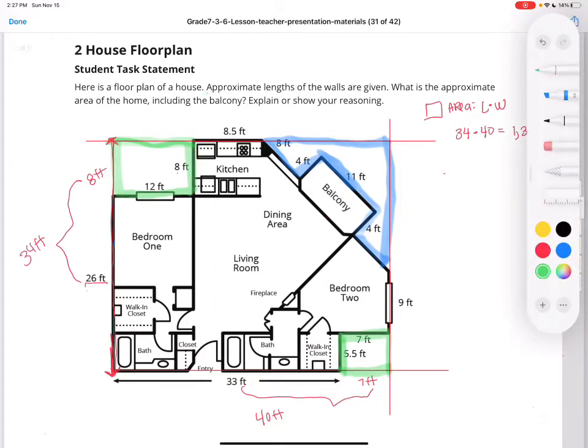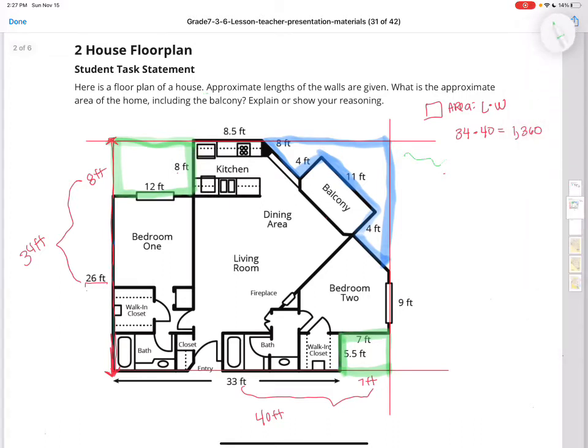So for my miniature rectangles, I'm going to do their area in green so we don't get confused in our work. I want to multiply 12 times 8. The rectangle will be 12 times 8, and this is for this area right here.